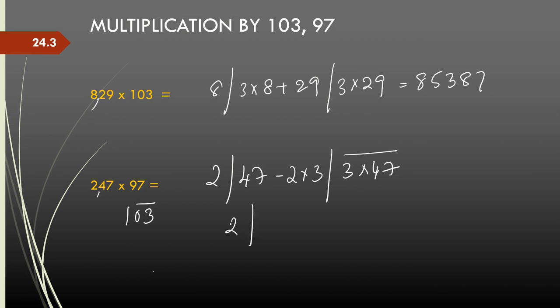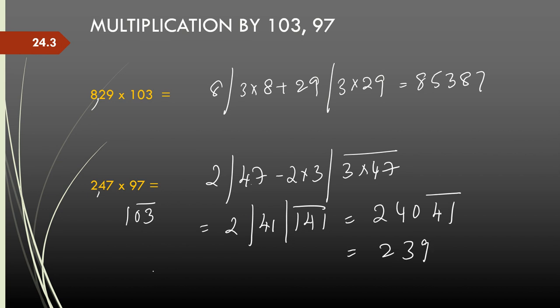So this is 2, 47 minus 6 is 41, and 3 times 47 is 141 with a bar. This becomes 2 40 bar 41. When I convert to normal, this becomes 23959. So that's the product of 247 and 97.